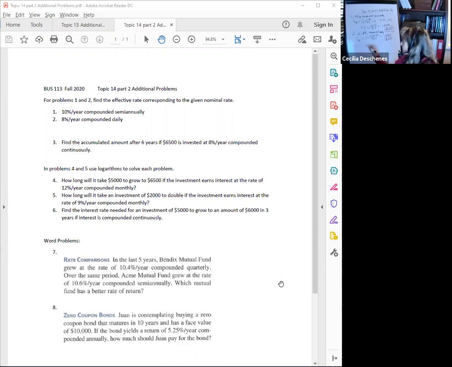For the accumulated amount after 6 years, we want to find A after 6 years, so T is equal to 6. If 6,500, that's our principal, is invested at 8%, and it's compounded continuously.